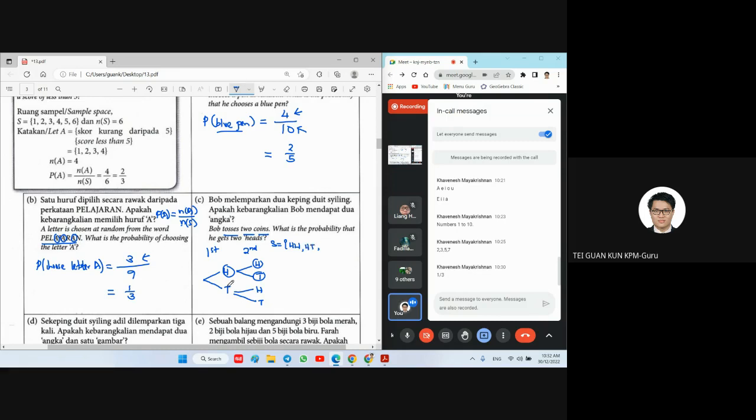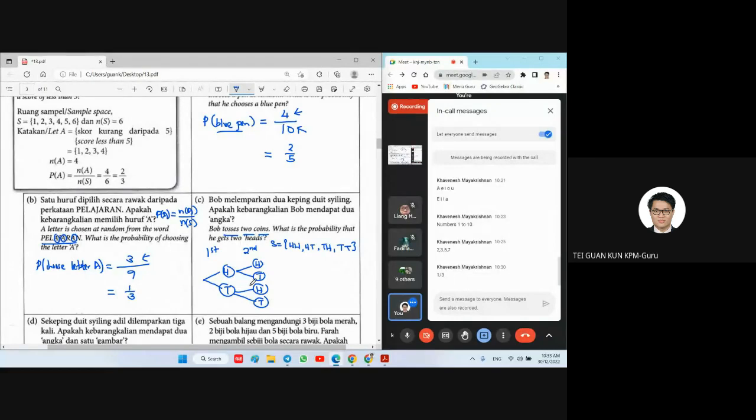Or it can be tail head or tail tail lah. So you have to do this lah. This is the so-called tree diagram untuk dapatkan dia punya outcomes. Okay, so the outcomes when you toss 2 coins will be head head, head tail, tail head or tail tail.